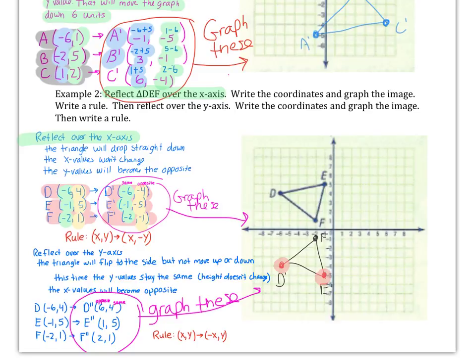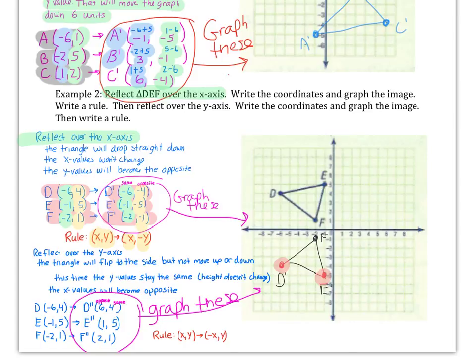So here's the rule. x, y, which is any coordinate, just for reflection over the x-axis, the x value will stay the same. So we just represent that as writing an x. Whatever it was before, we write the exact same thing. And the y value will change to the opposite. So we put a negative y in front of that because if it was positive, it becomes negative.